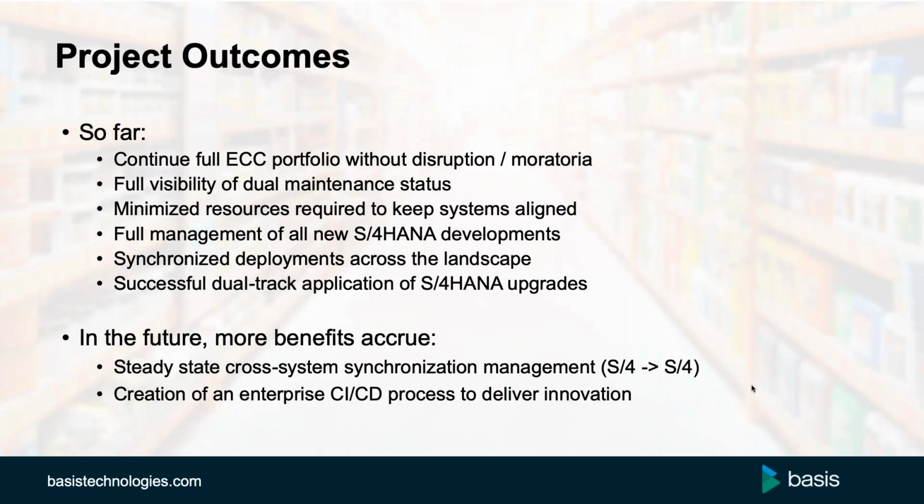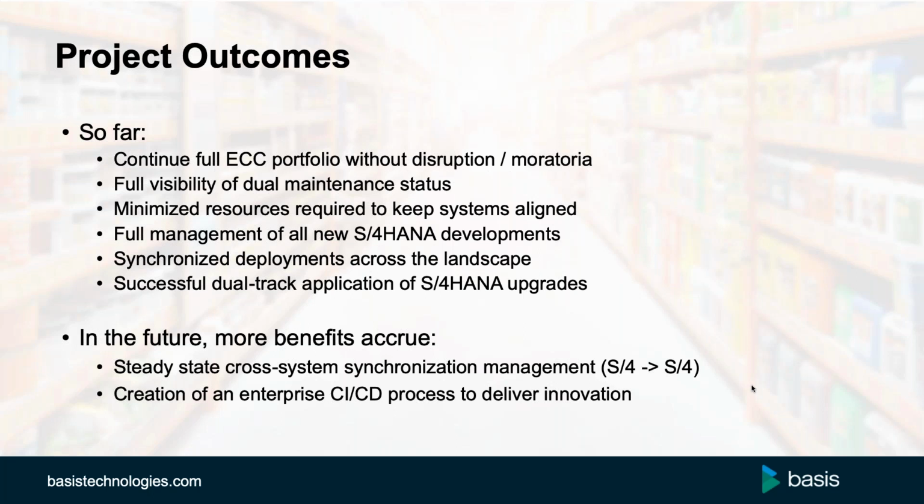So some of the key outcomes for the client involved in this case study were that they were able to continue to operate their full ECC portfolio without having to trigger any kind of moratoria. They're able to manage a full visibility of dual maintenance status, what's in the pipeline, what's made it all the way through to production, what's still coming.